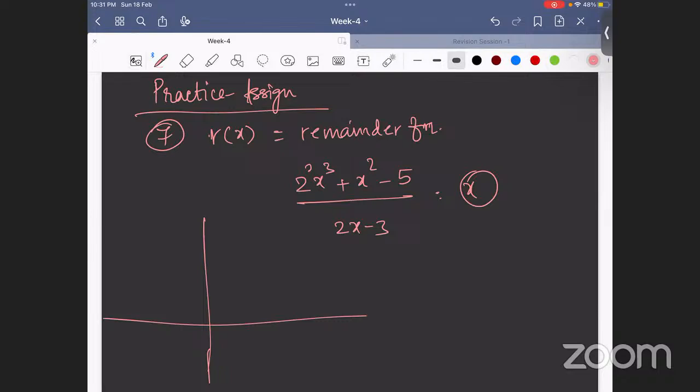But if you are getting y equals x, then what's the problem? First of all, you will not be getting x as a remainder. You'll get some constant here. Remainder is -2.